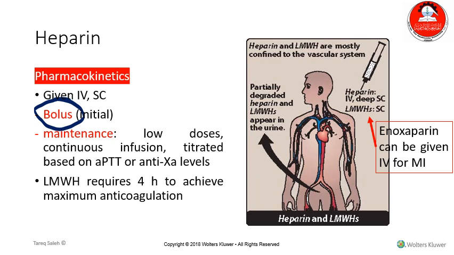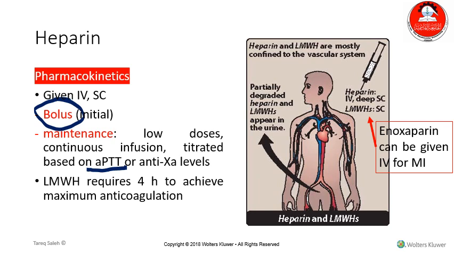While we are measuring, remember with unfractionated heparins, we said we need to measure bleeding variables, including the activated partial thromboplastin time, APTT, or the anti-factor 10 levels.